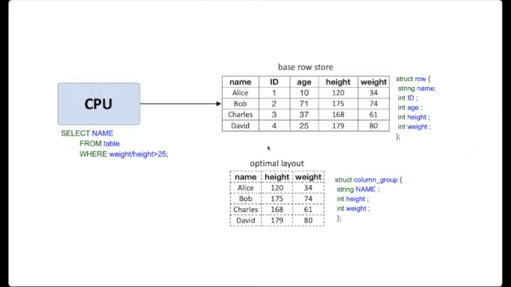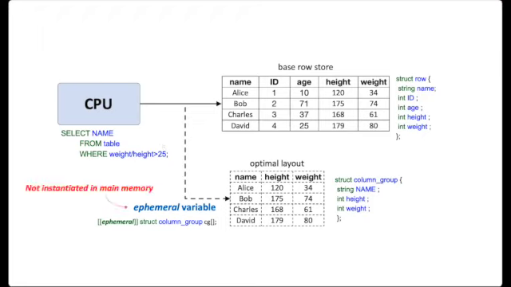Ephemeral variable identifies the specific subset of columns to access. For example, if the query requires only 3 fields out of 5, then the ephemeral variable points to an optimal layout that contains only these 3 desired columns. However, it is not instantiated in the memory since ephemeral variable is mapped to a fake address.